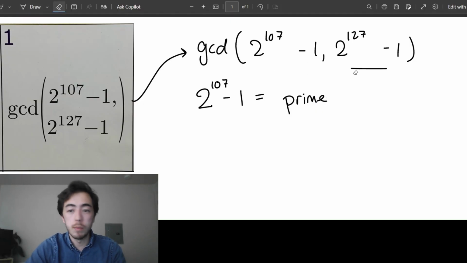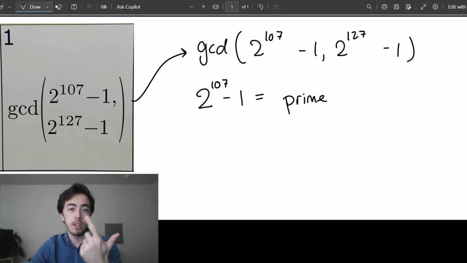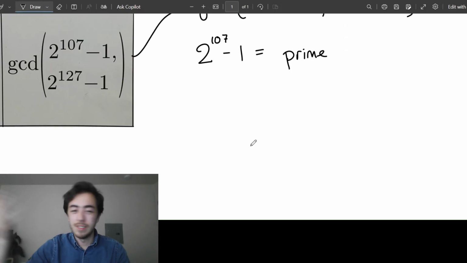You could try doing divisibility rules. You'd have to go up to, I think, the number 11, just to double check. You could divide 107 by 2, 3, 5, 7, and then 11, and none of those will work. You're not going to get a whole number out of them, and essentially 107 is prime.